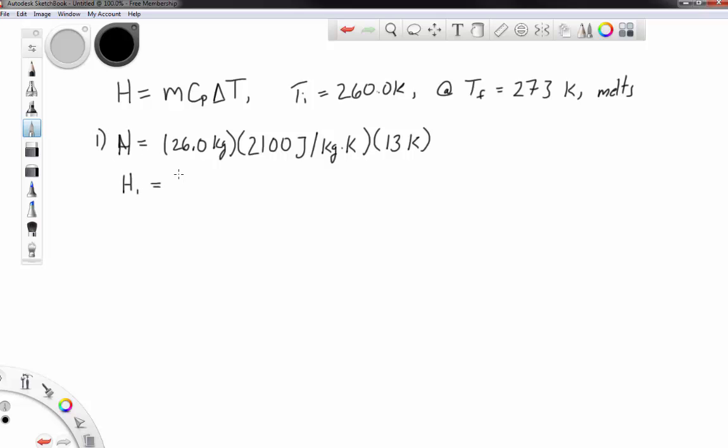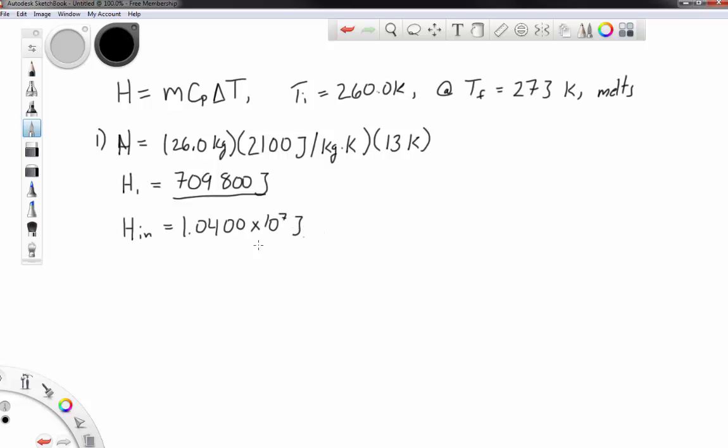And that was 709,800 joules. So how much heat do we have left over at this point? Well, we have taken this much heat out of our initial amount input, which, recall, was 1.0400 times 10 to the 7 joules.